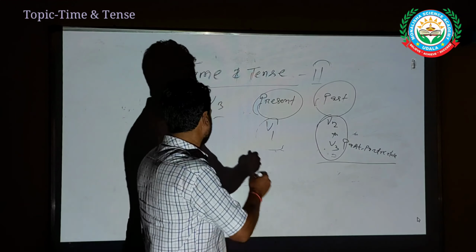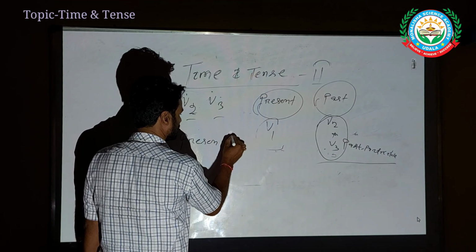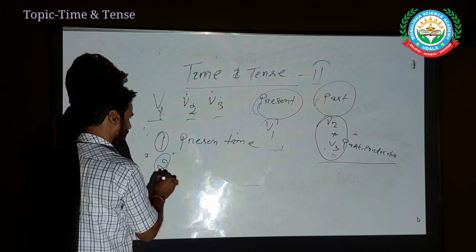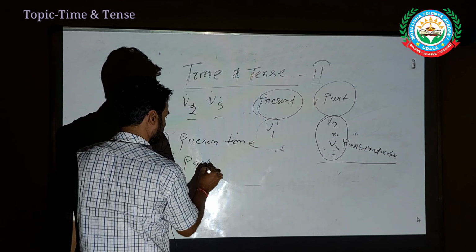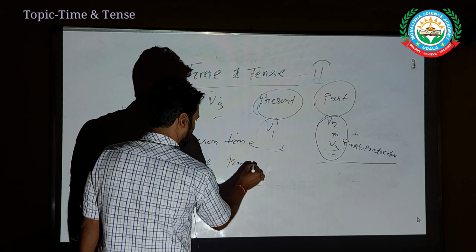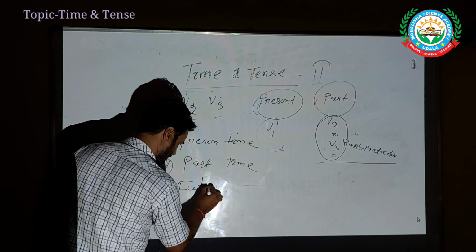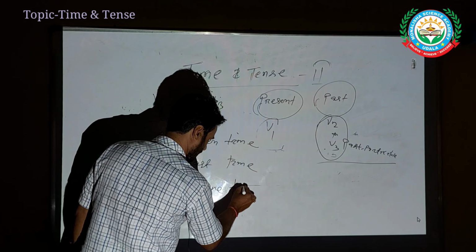So far as time is concerned, we know we have also three types of times. One is present time, number one. Number two, past time, and number three is your future time. Okay? So here there are three forms of verb.